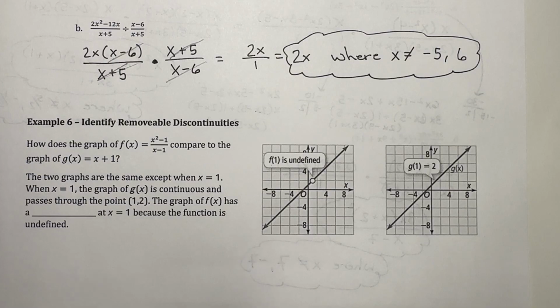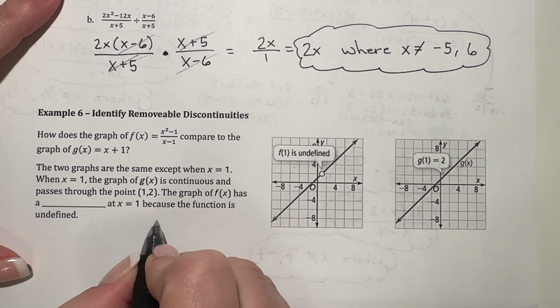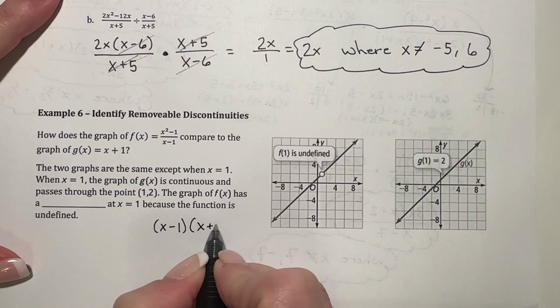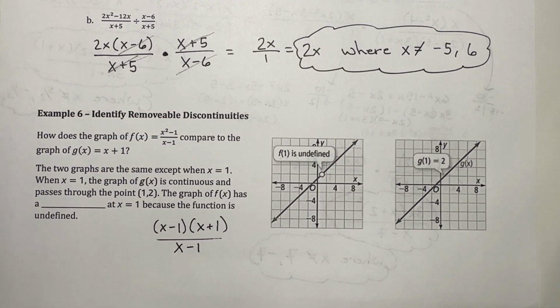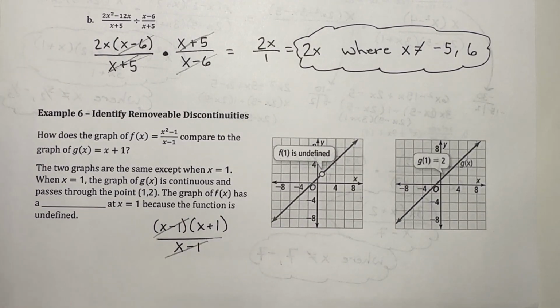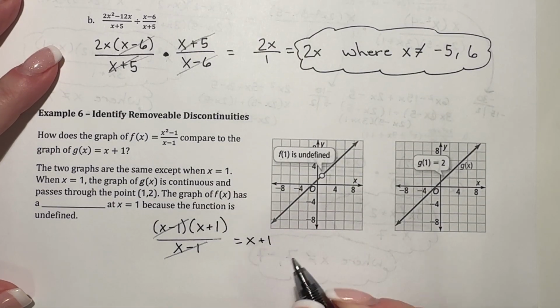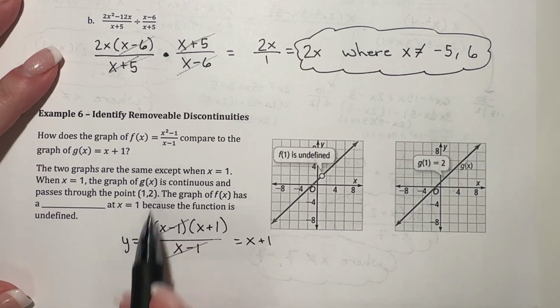Well, let's take a look at the factors. If I were to simplify this, I would have (x minus 1)(x plus 1) over x minus 1. So if you go to simplify this, you're naturally going to cross out those two factors, and you're just going to be left with x plus 1. Now, I'll remind you, f of x is y.